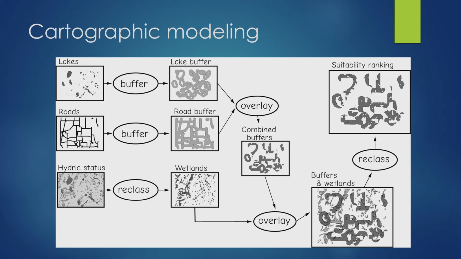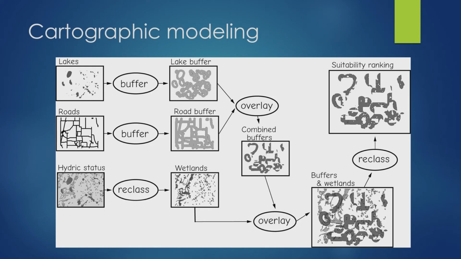If we can determine that its habitat is driven by being close to lakes, but not close to roads, and that it likes wetlands, this is a little different than the lab setting, but maybe this is a different animal.